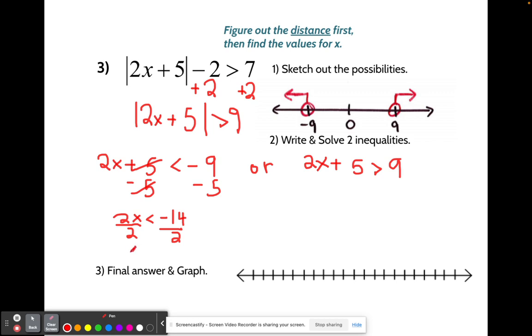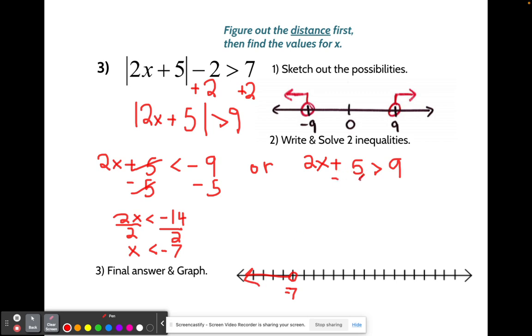And I get x is less than negative 7. So at negative 7, I'm going to have an open circle, and my numbers are less than negative 7.